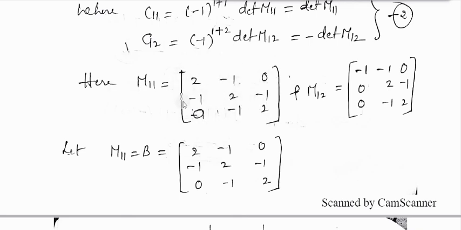I got this minor by deleting the first row and first column of the first element. Similarly, the minor matrix M12 we will get by deleting the row and column where the second element is located, the first row and second column.